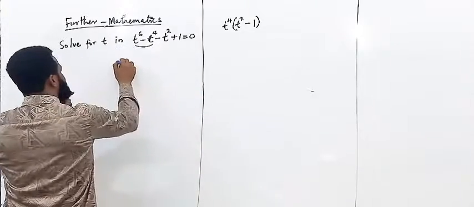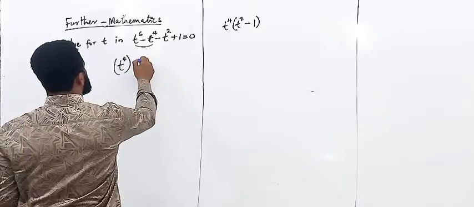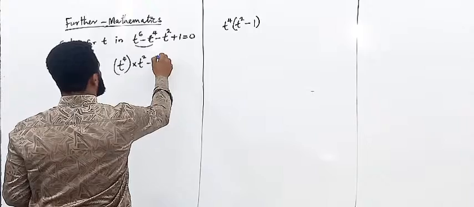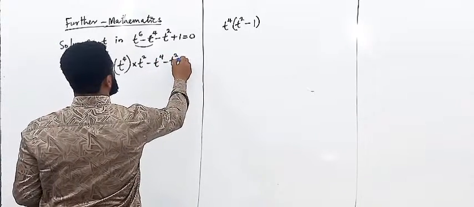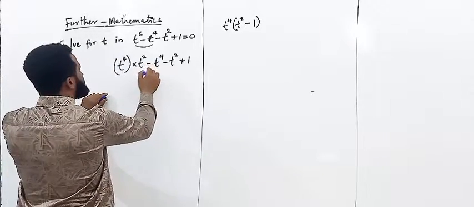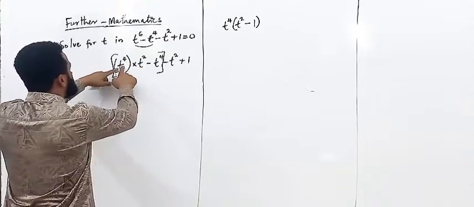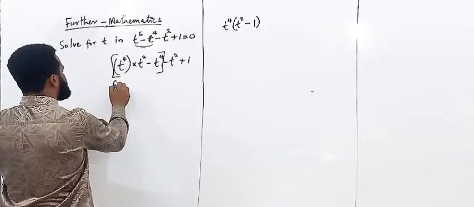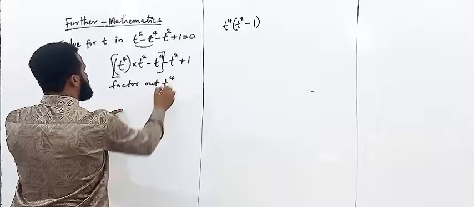What I did was t raised to power 4 times t raised to power 2 minus t raised to power 4 minus t raised to power 2 plus 1. If you check very well, you realize that t raised to power 4 is here and t raised to power 4 is here. So I'm going to factor out t raised to power 4.